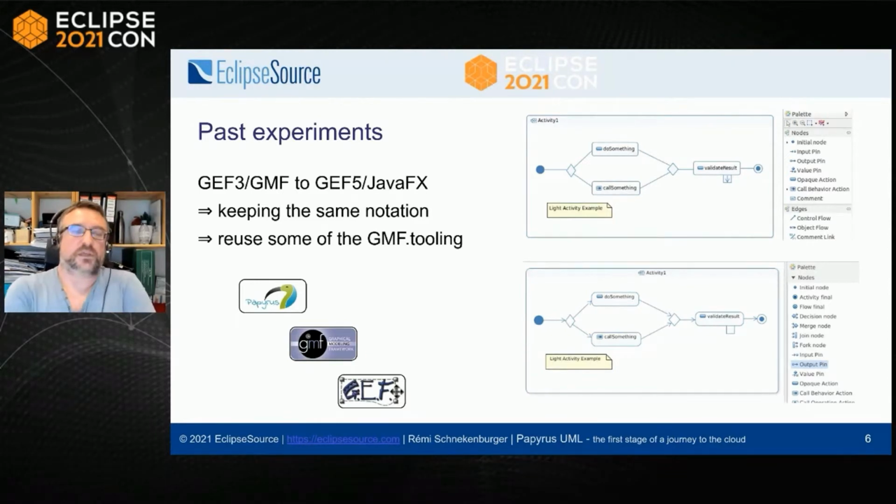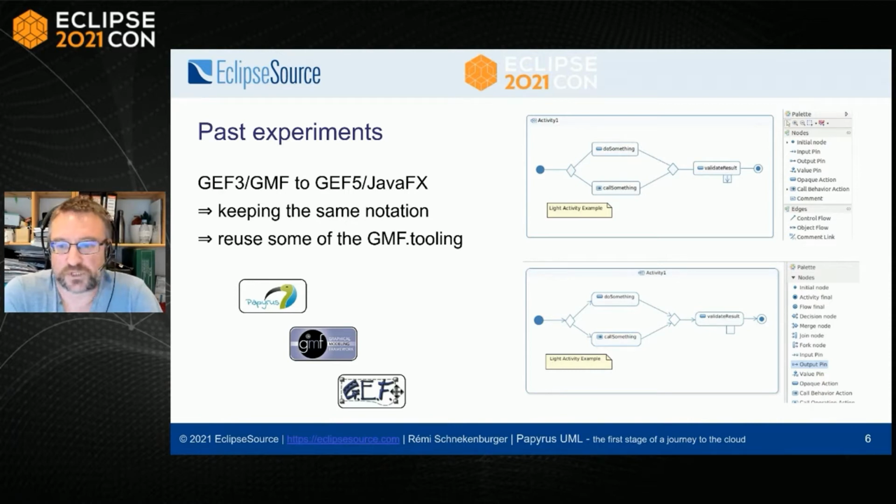On the past experiments, we tried to push some updates of the GEF and the GMF runtime frameworks. Initially, we were based on GEF and GMF, and we wanted to have some kind of proof of concept to go towards a GEF 5 implementation and also to be based on JavaFX for the graphics.